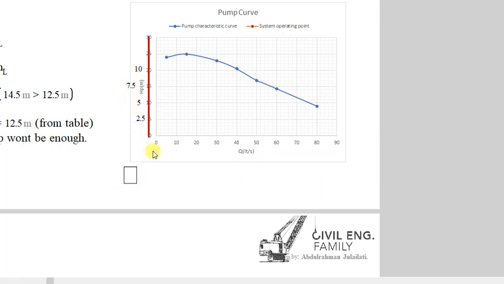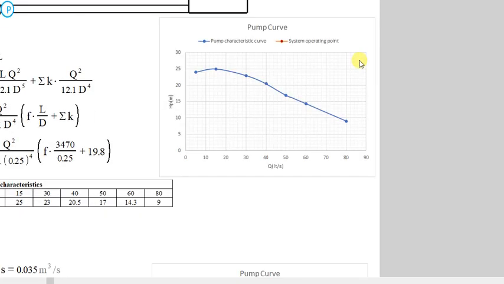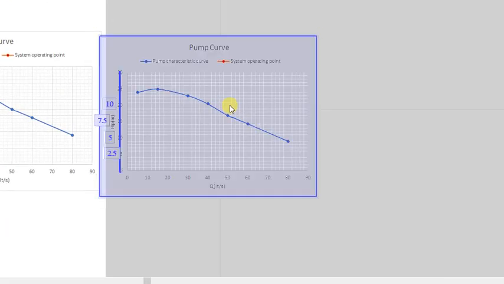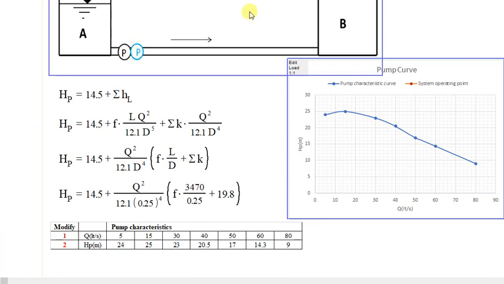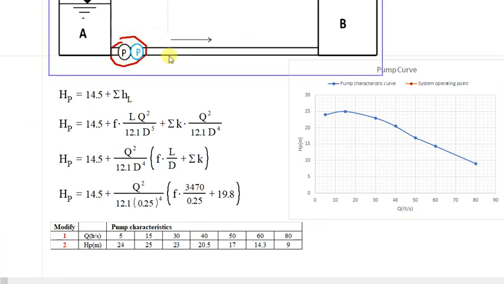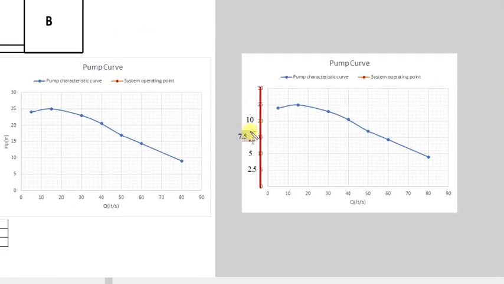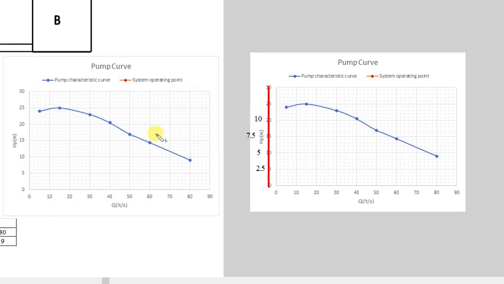So what do we mean by this one? We mean that when we come down here and we discover that it will be series, 2 in series, what does it mean? HP means the y-axis should be multiplied by 2. HP, head of the pump, should be multiplied by 2. 2 in series means 2 HP.